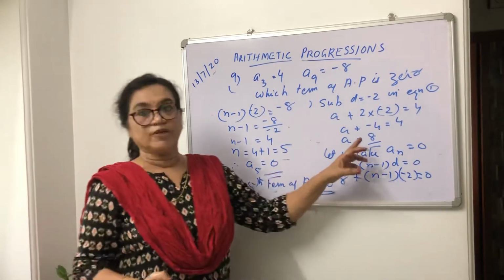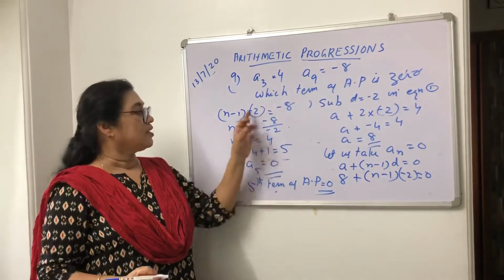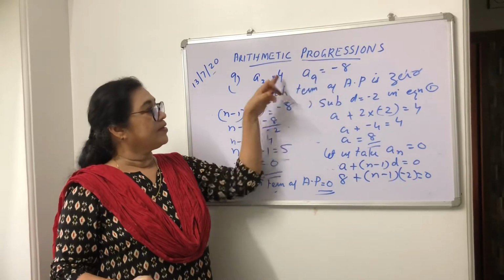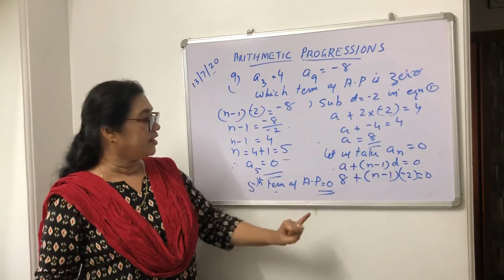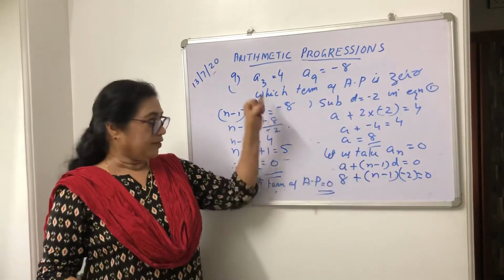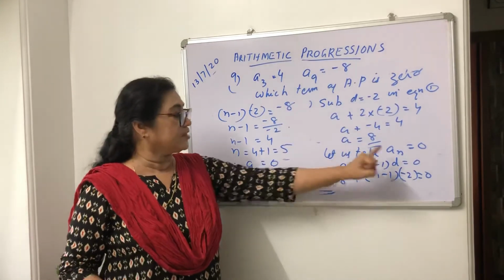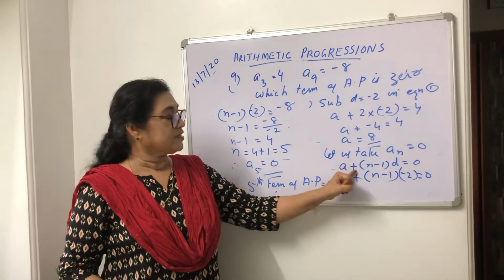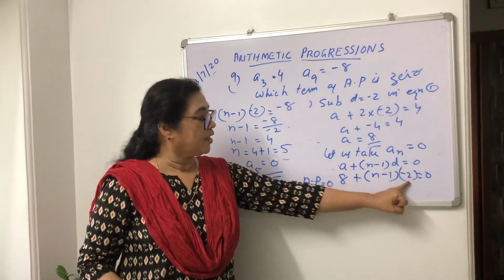So I hope all of you understood. A3 is 4, A9 is minus 8. You solve this A3 and A9, so you are getting the value of A as 8 and D as minus 2. And which term of the AP is 0 means you have to take AN as 0. A plus N minus 1 into D, A is 8 and D is minus 2.